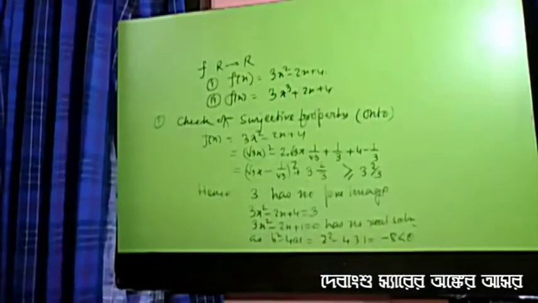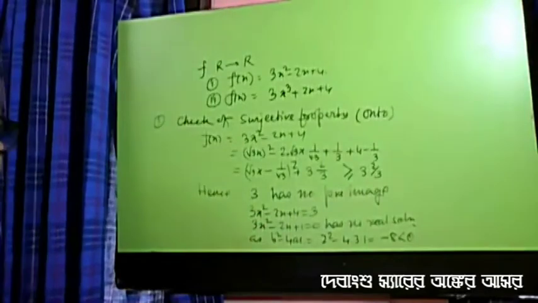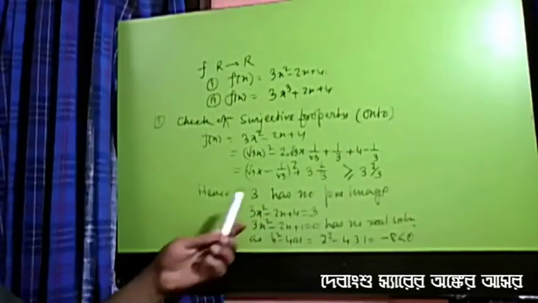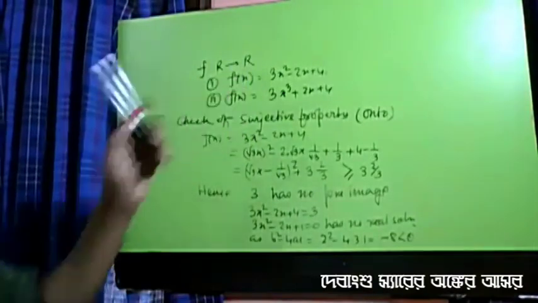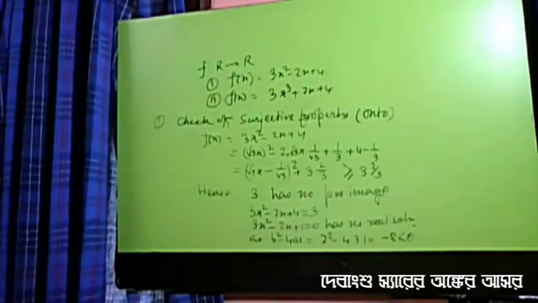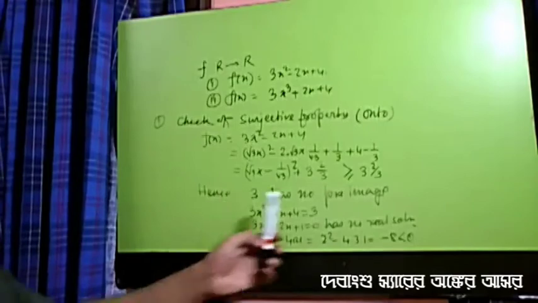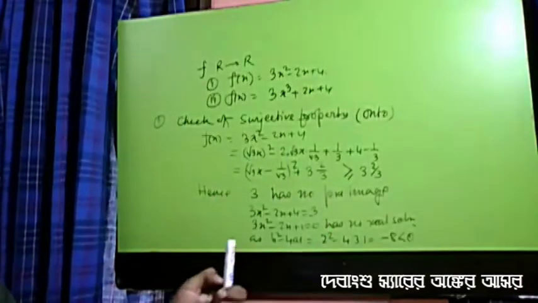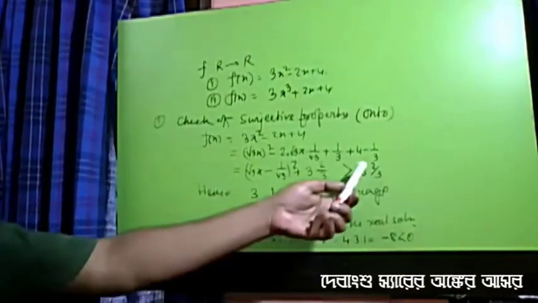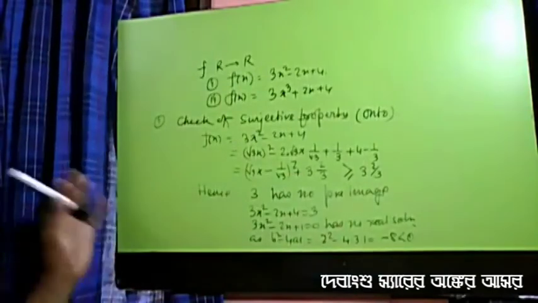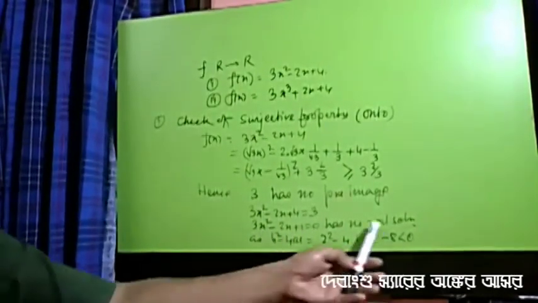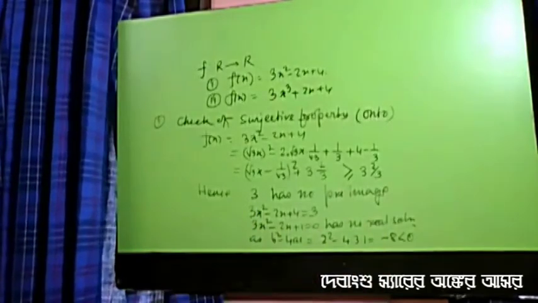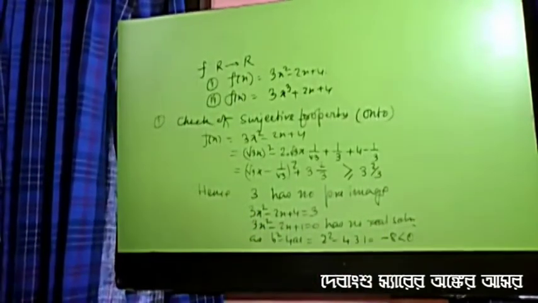I just verified whether my result is correct or not. Since 3 has no pre-image and 3 is in the codomain, this mapping is not onto. There are plenty of values less than 3 and 2 by 3. Take any real number less than 3 and 2 by 3, and the quadratic equation will have no real solution, because the discriminant will be negative.